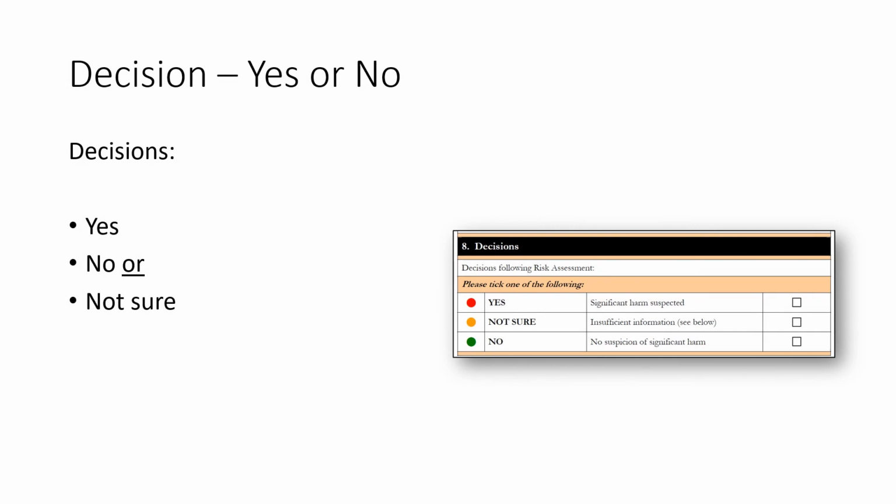The decision section includes 3 possible answers. These are yes, no, and not sure. The yes and no answers are clear. They indicate that you have sufficient information to reach a decision. This will of course be made on the balance of probability, but also made proportionately. In child protection, a decision has to be made to protect children.